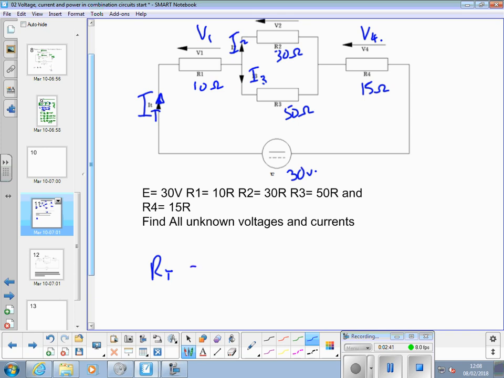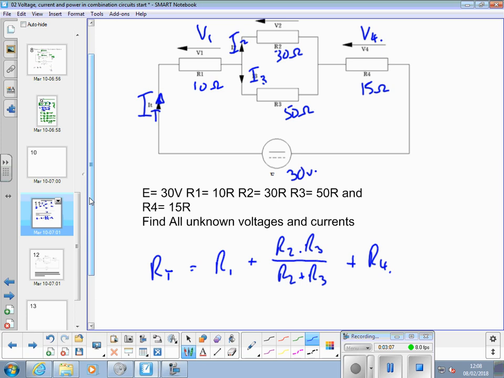So why not do it all in one go? R1 plus R2 times R3 over R2 plus R3. That's the middle bit, plus R4. Don't mind if you do it separately.